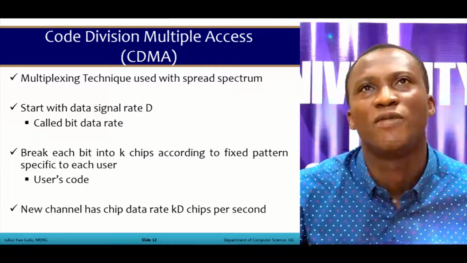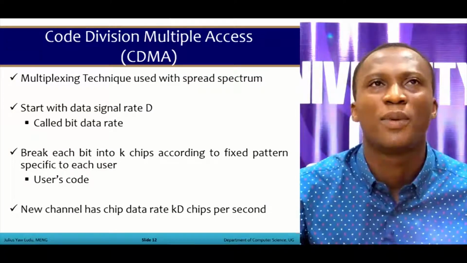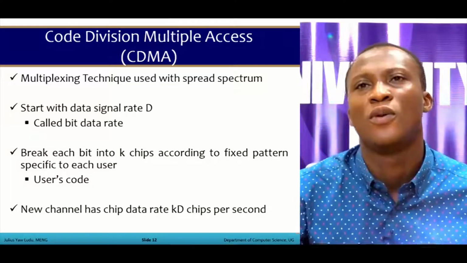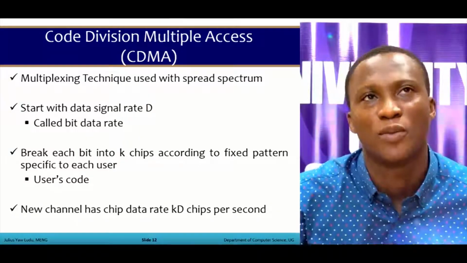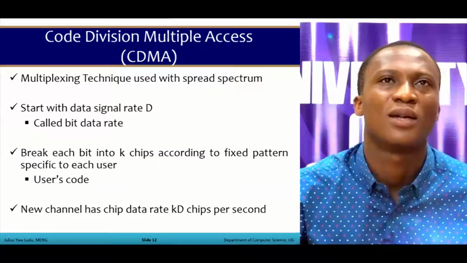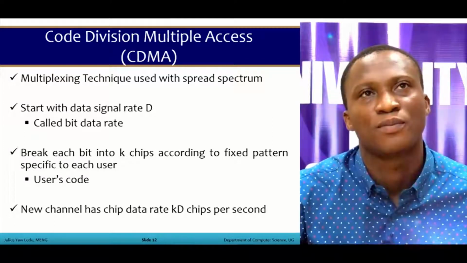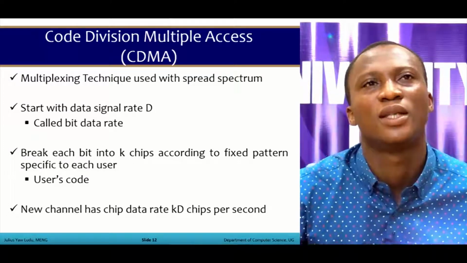Now let's look at code division multiple access, CDMA. This is a multiplexing technique used together with spread spectrum. Let's assume we start with a signal data rate of D, which we are calling the bit data rate.